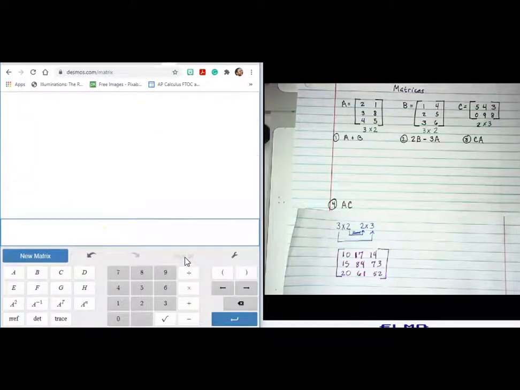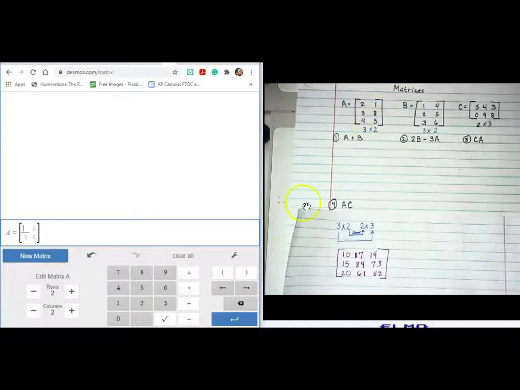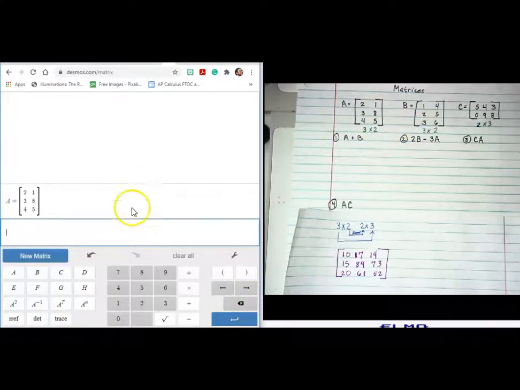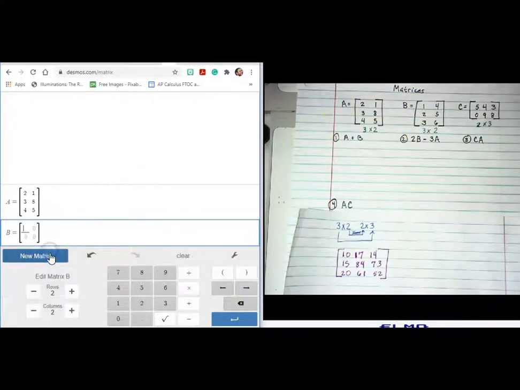One thing you could have done from the get-go is say, okay, matrix A is going to be this matrix right here. So it's a 3 by 2. I'm going to do 2, 1, 3, 8, 4, 5. I want to make matrix B this one right here. So you could have done all of this at the beginning.